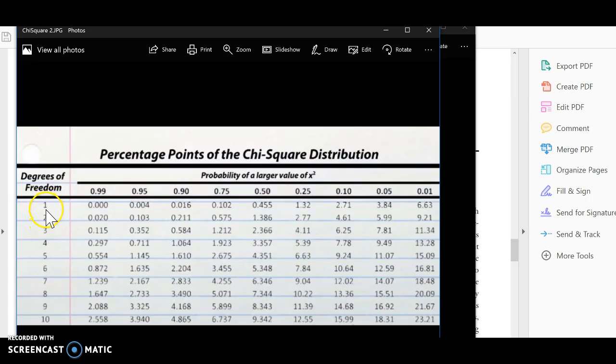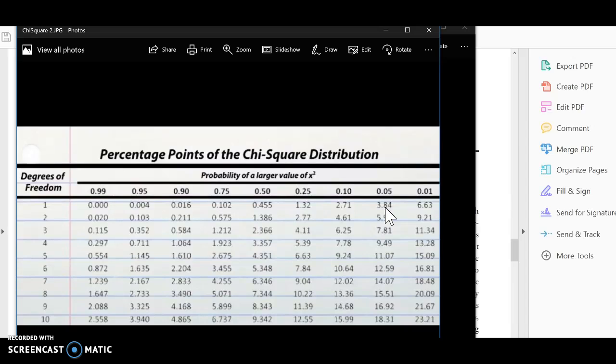That's how much room we have to vary. So using 1 degree of freedom and a level of significance of 0.05, because that's generally what we'll use, going from 1 degree of freedom all the way over to 0.05, we expect that the critical value should be 3.84, okay?